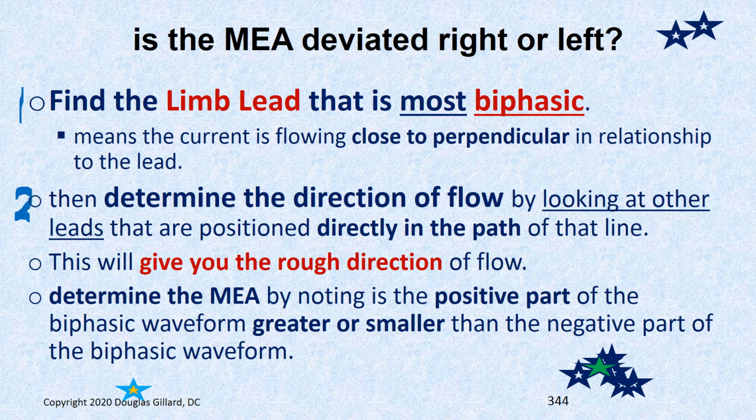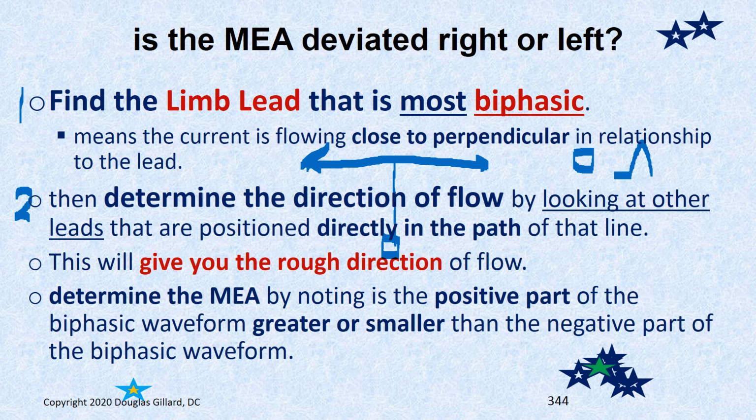Step 2 is you're going to determine the flow of the current. Let's say this is where we think the mean electrical axis is. Let's say it's at AVF again. Okay, and we drew a perpendicular. So to determine the direction of flow, you just have to look at a camera that's in the line of flow, the proposed flow. Okay, and there's not really one. AVR is up here. Limb lead 1 would be here, so we would use limb lead 1.